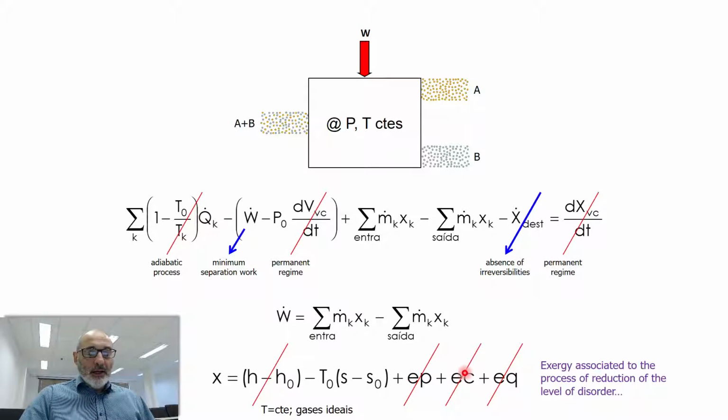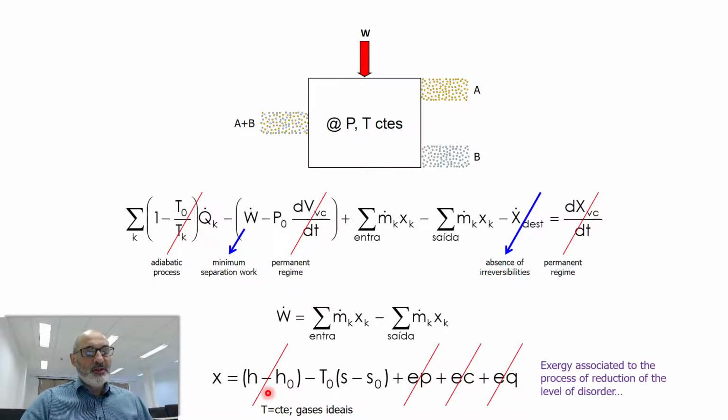Okay, another consideration is that I'm going to make this analysis for perfect gases, just to obtain a simple equation. Okay? If the gas is not perfect, no problem. We simply use enthalpies directly, okay? But being a perfect gas and our process having a constant temperature, this means that the enthalpy variation is zero, okay?